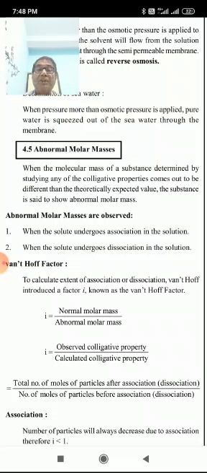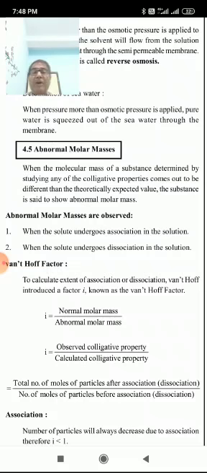When pressure more than osmotic pressure is applied toward the solution side, pure water is passed out from the seawater through the membrane. So we get potable water or pure water.